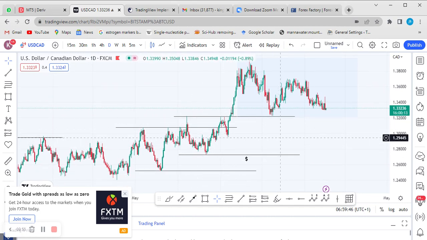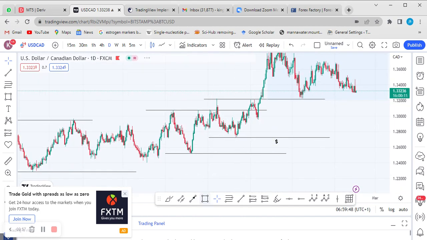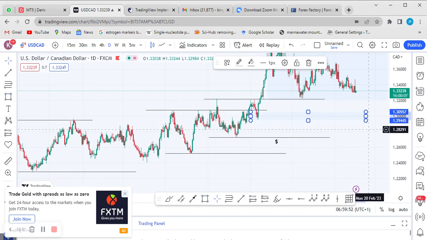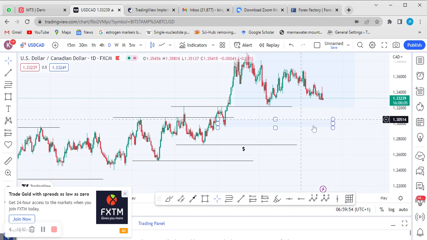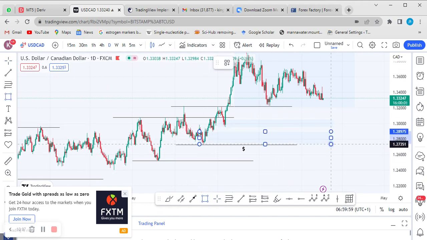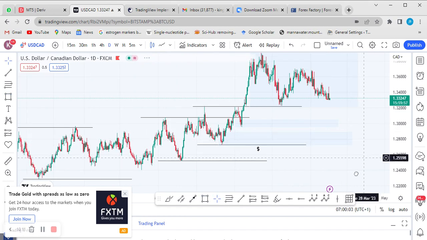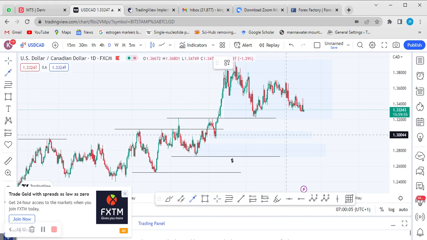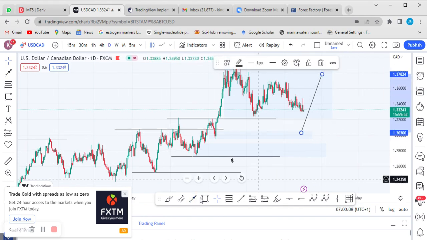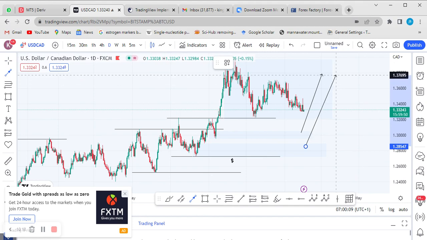Don't forget, even if we want to continue trading this pair, we look for our buy opportunities from here. So that means we have a reaction when price gets to that point or at this point. Price can still push up from these 2 points.